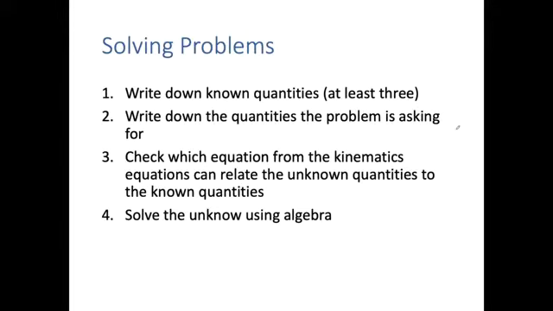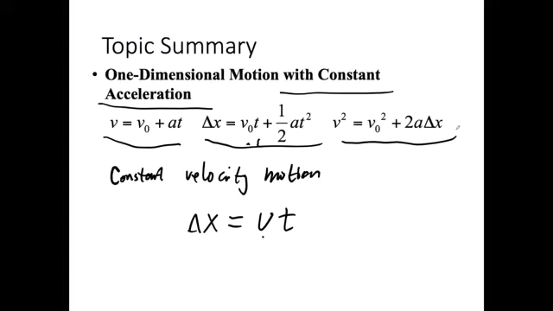And how should we solve the problem? So usually we need to draw a picture to see how the problem works, and then write down all the known quantities, and then write down what quantities the problem is asking for, and then go back to those three equations and see which one has these three known quantities and one unknown quantity.